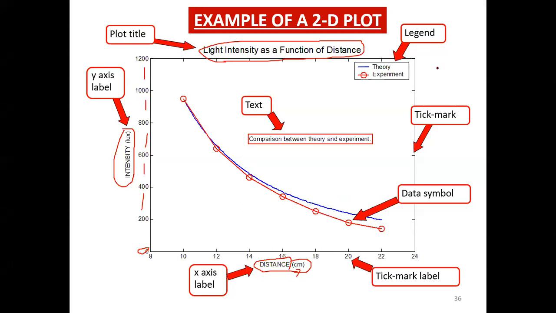We can add the legend either in the top right position, or the top left position, or the bottom left, or the bottom right. Wherever we need the legend, that we can also insert in a two-dimensional plot in MATLAB.